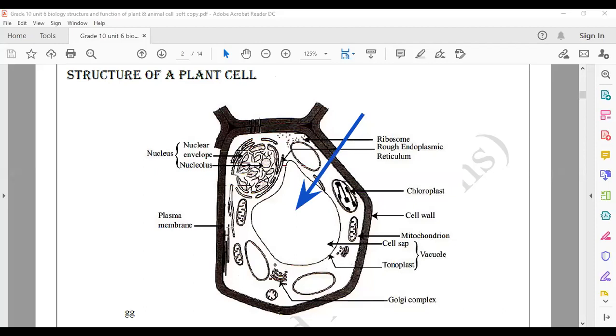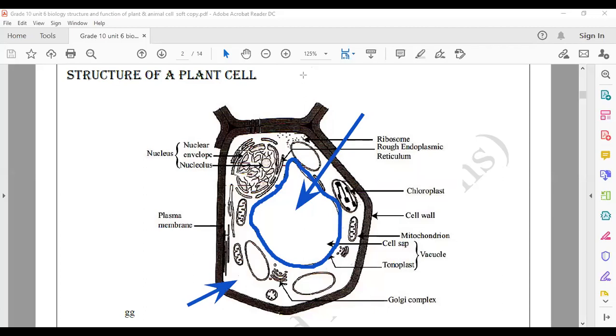You have to give one color to this white region within this membrane limit. Within this membrane limit, you have to give a color to that particular portion. This white region is called cytoplasm.